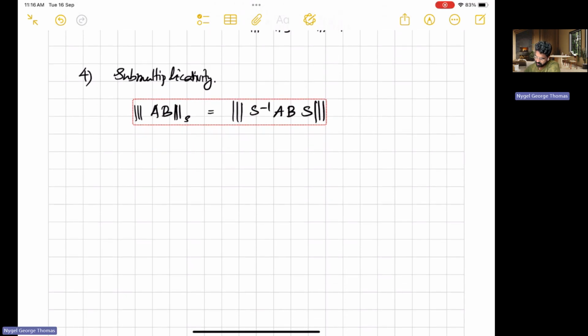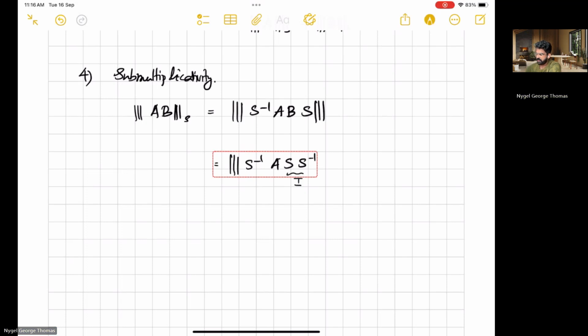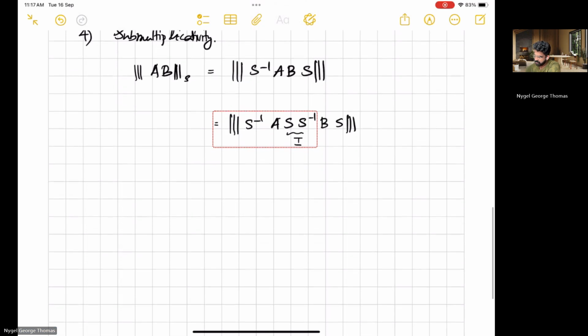If S is non-singular, then we can insert something like this in between A and B: S inverse, this is typically I, into B into S. So again, to group this together, then you can apply submultiplicativity because this is a valid norm.